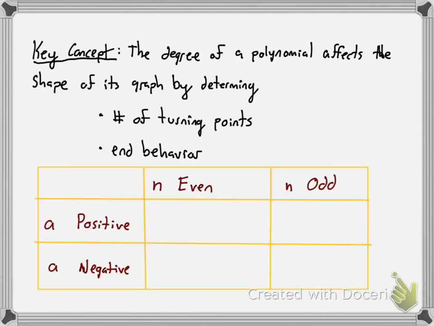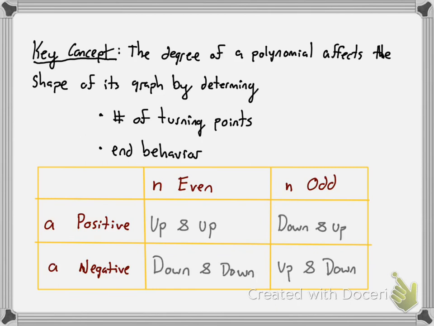So this chart will be very, very important to write down. I would have this written down, highlight it, star it. Depending on what your a value is, the a value again being the leading coefficient for that highest degree term, and your n value being the degree itself, that's going to affect the shape of the graph. So I'd write this down and highlight it.